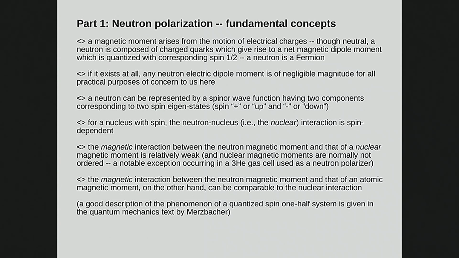Okay, now it also turns out that if you are interested in studying magnetic materials, the neutron magnetic moment interacts with atomic magnetic moments in a magnetic material with a power that's comparable to the neutron nucleus interaction. So that means, relatively speaking, it's pretty big. So if you're interested in studying magnetic materials, then neutrons couple to that pretty strongly, as it does to the typical nuclear scattering interaction.